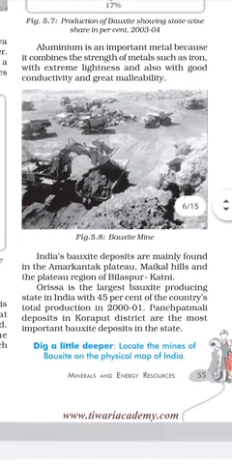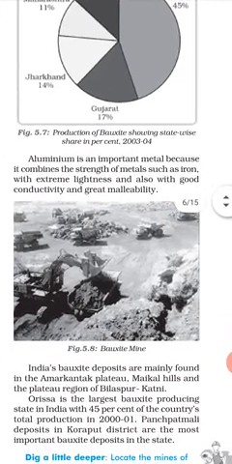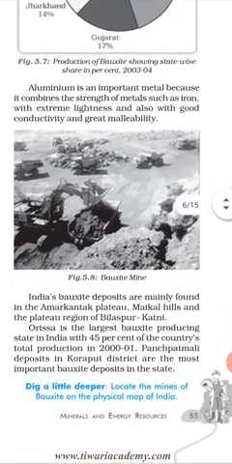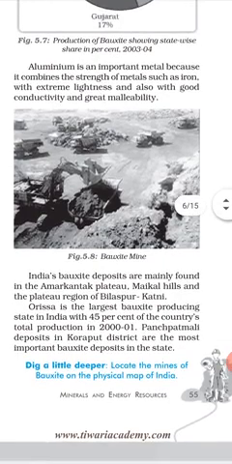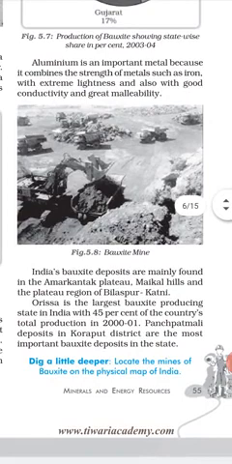Orissa, as you have seen, is the largest bauxite producing state in India with 45% of the country's total production, calculated in 2000-2001. The Panchpatmali deposits in Koraput district are the most important bauxite deposits in Orissa.